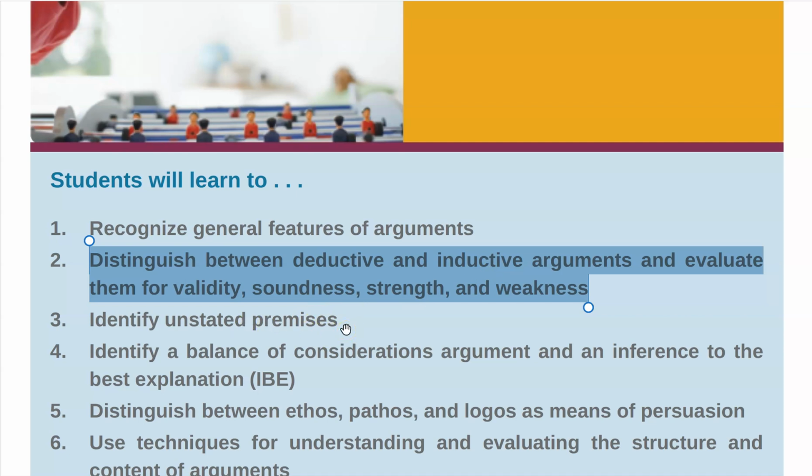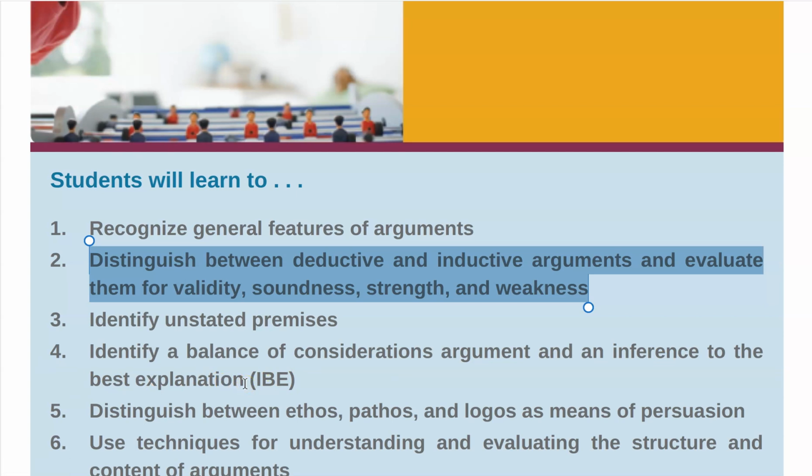It doesn't feature a lot in the book. We might talk about them because they come up in real life quite a bit, and it's good to identify that. And we're going to talk briefly about a third kind of argument, which this textbook calls an inference to the best explanation.